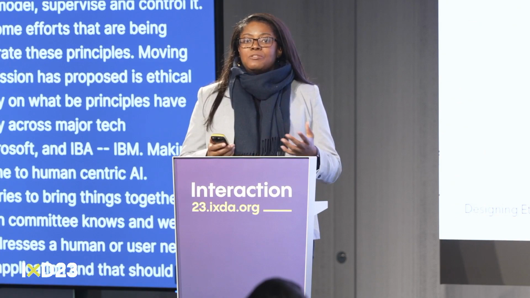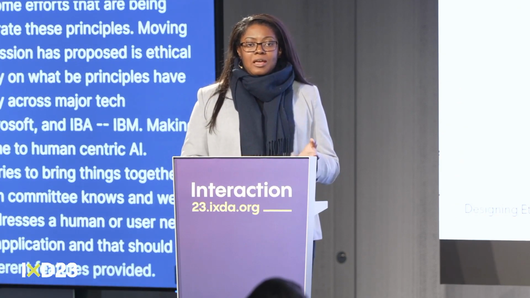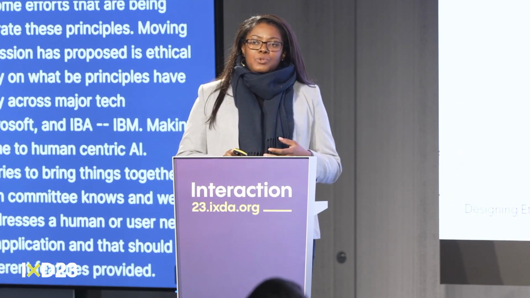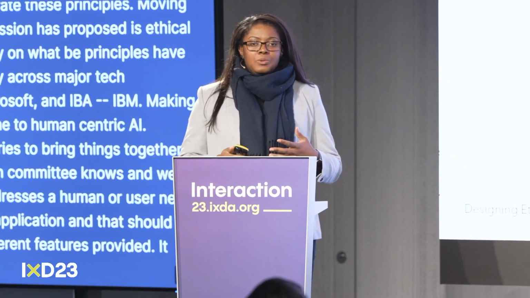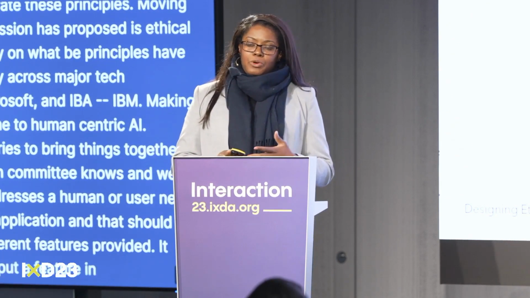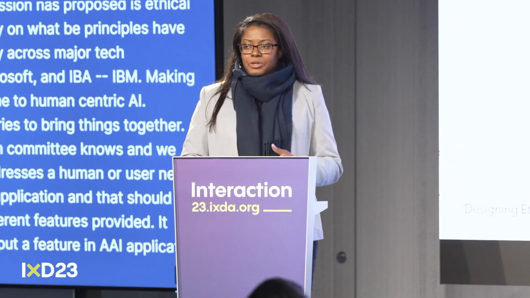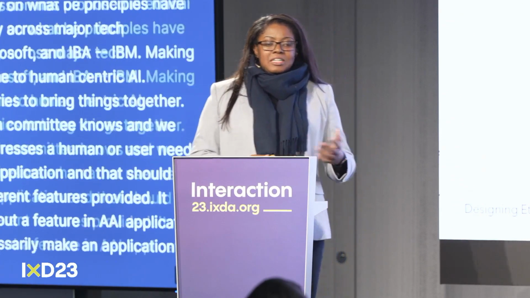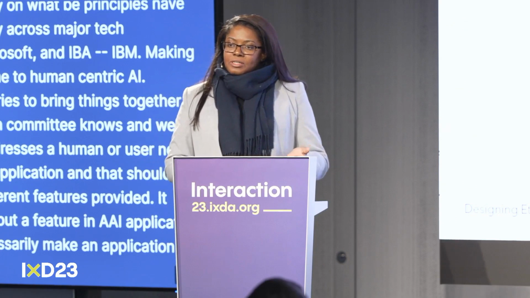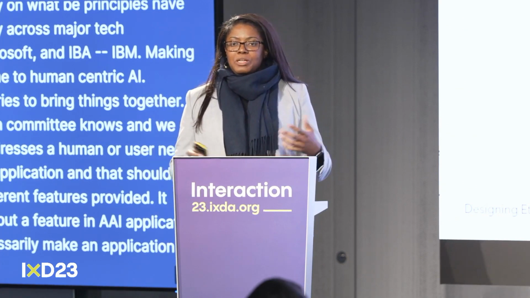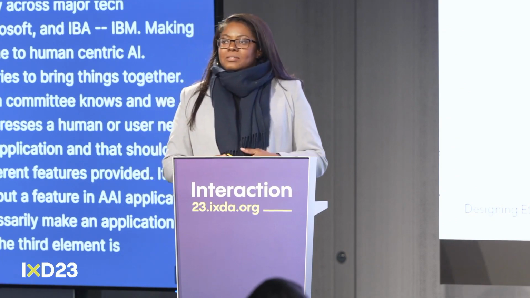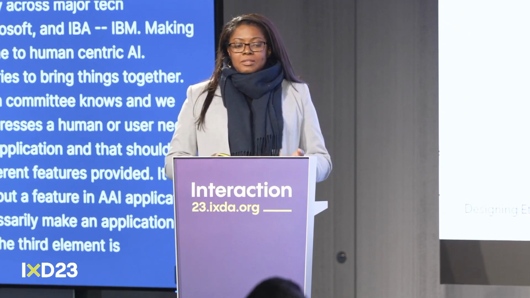So whenever we put a feature in an AI application, it should be justified by a user need, and not necessarily to make the application more technologically advanced. The third element is transparency, and we have already discussed it. Essentially, people should understand what the model is doing and for what purposes the data is being used.